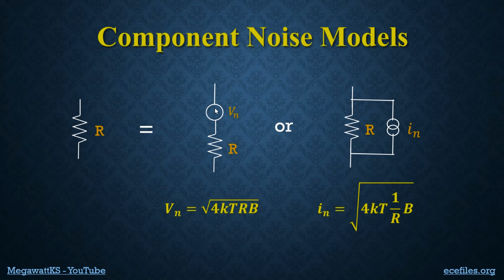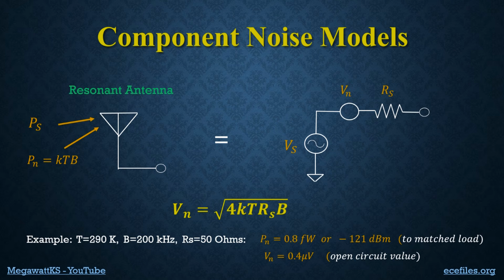You could do a Thevenin type of model with the resistance in series with a random noise source. Or, if it's more convenient in circuit analysis, we could consider the Norton equivalent of that. And here is the noise current. And a special case is the antenna itself, which, if it's resonant, has a resistive source impedance.